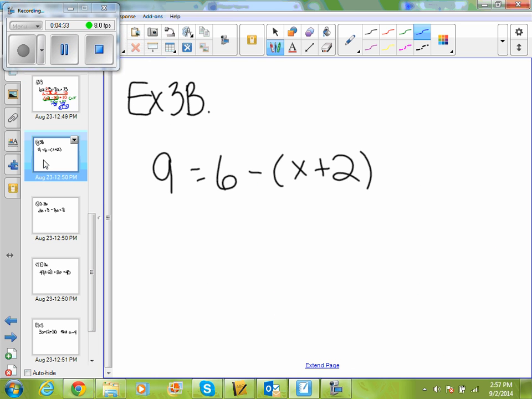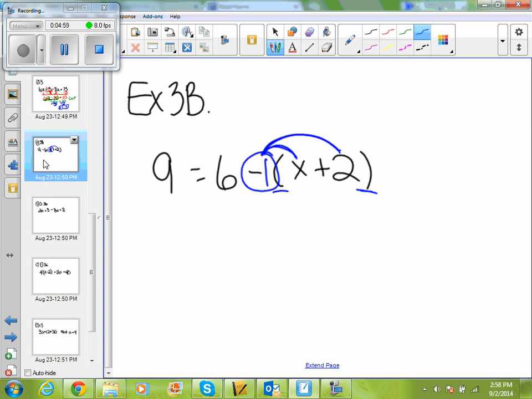All right, so if we look at example 3b, 9 equals 6 minus (x plus 2). We have these things in parentheses, so we need to get rid of our parentheses first. This is like having a minus 1. And so we need to distribute this minus 1 to the x and the 2, which means we need to multiply it.